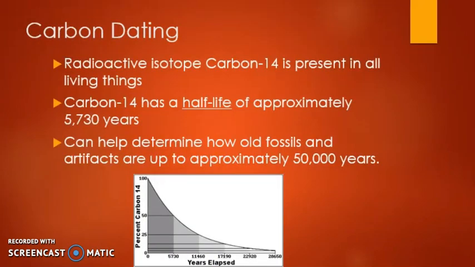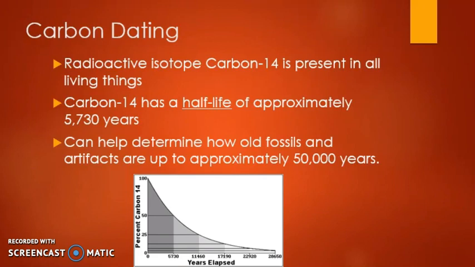There's something called carbon dating that paleontologists use for dating bones that are really, really old. And we're talking thousands and hundreds of thousands of years old. So there's something called carbon-14 that is present in all living things. And as long as you are alive, that carbon-14 is being absorbed. Now, when a person dies, they're no longer absorbing that carbon-14, and so it starts to break down in the bones.